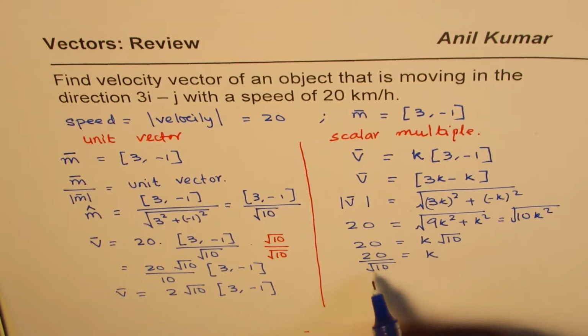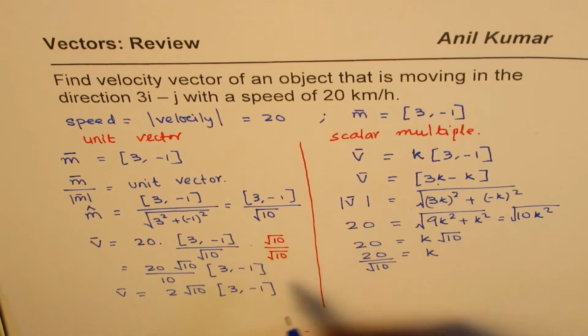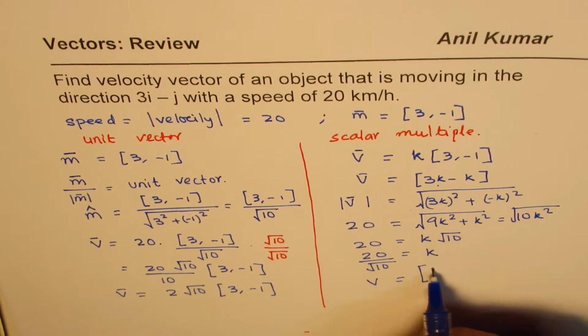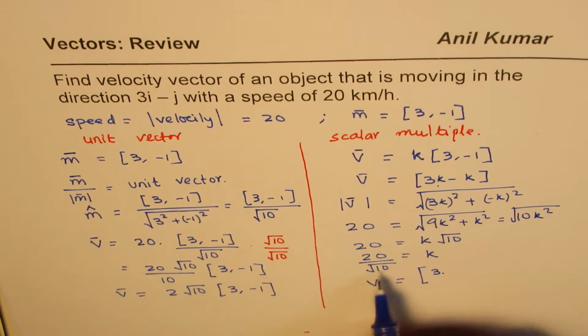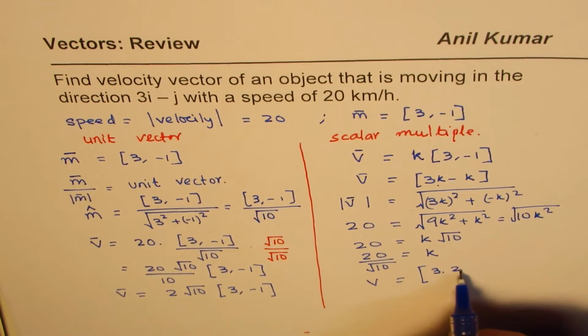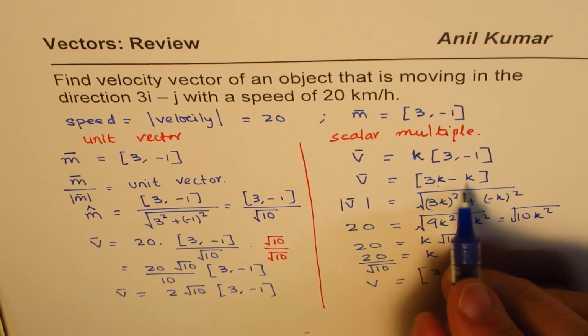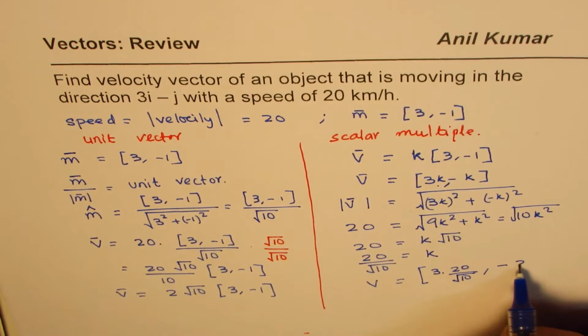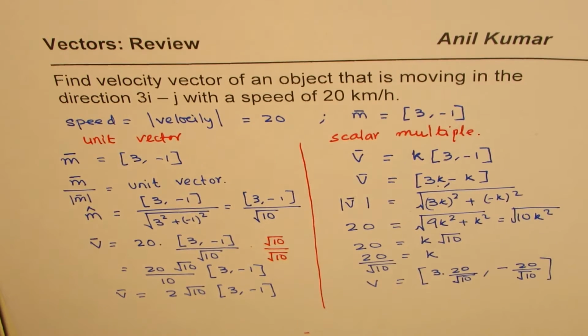So you can replace this value of k here and say my vector is (3 times 20 over square root 10, minus 20 over square root 10). Is it okay? So that could be your answer.